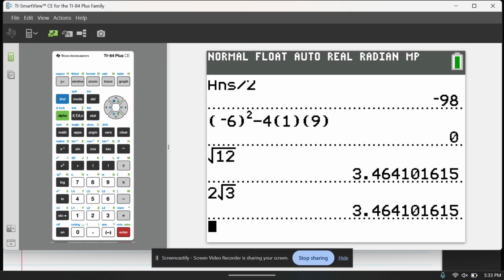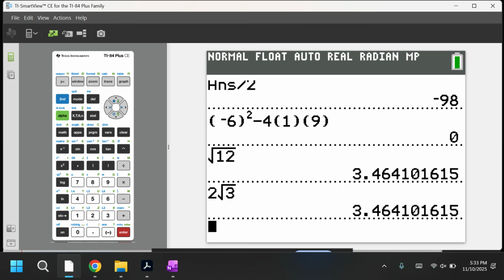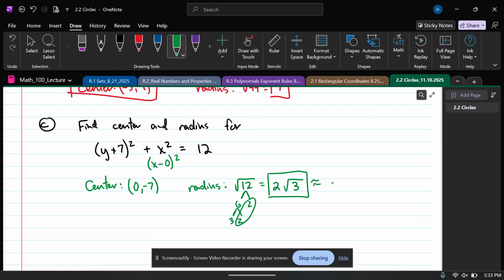But you can do decimal approximations and find the one that matches. That's also legal. So it's about 3.46 for the radius. If I were going to have to graph it, I would go to decimals because I can't eyeball 2 radical 3, but I can eyeball 3.46. It's almost 3.5.